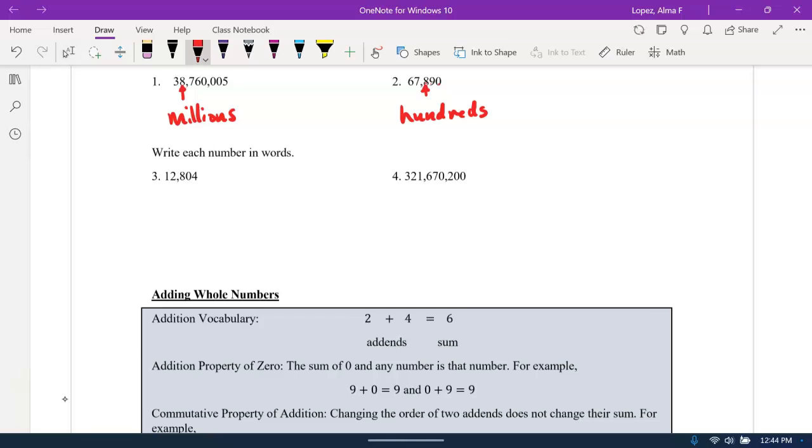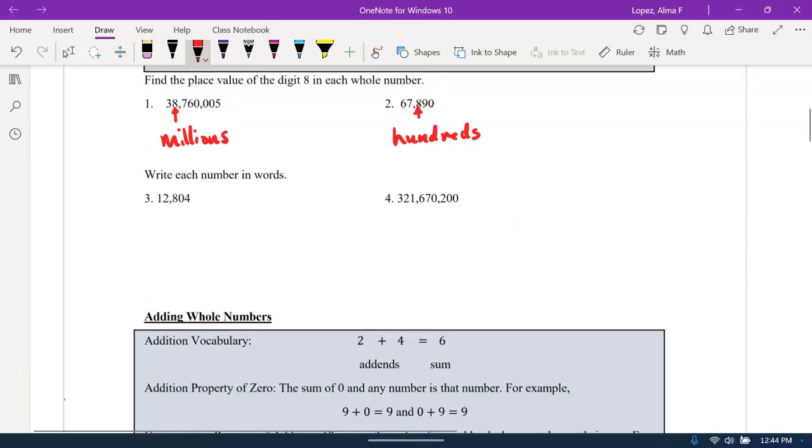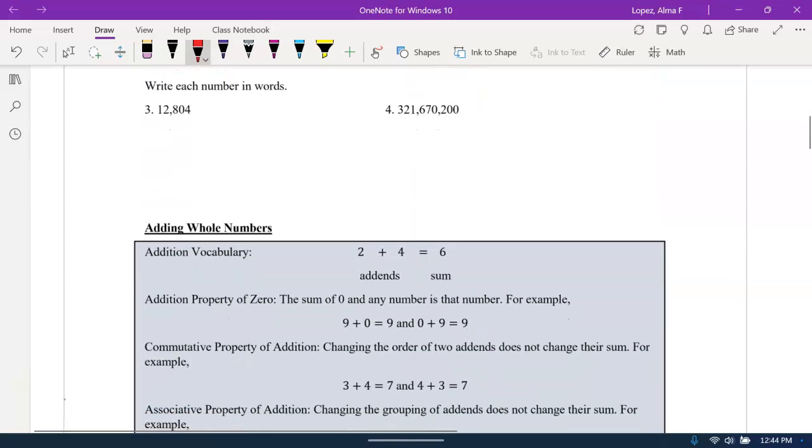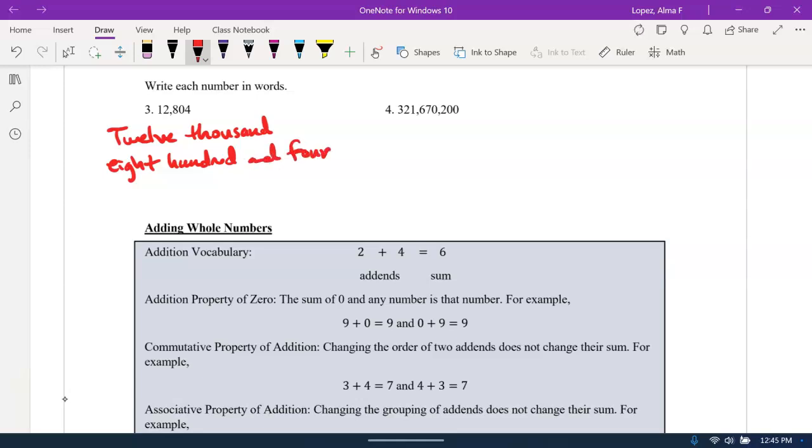Now, you would read that 12, and because there are 3 digits after it, that would be 12,000. 800, because that's its place value, and 4. So 12,804. Now this next one, these are hundreds, these are thousands, and these are millions, right?